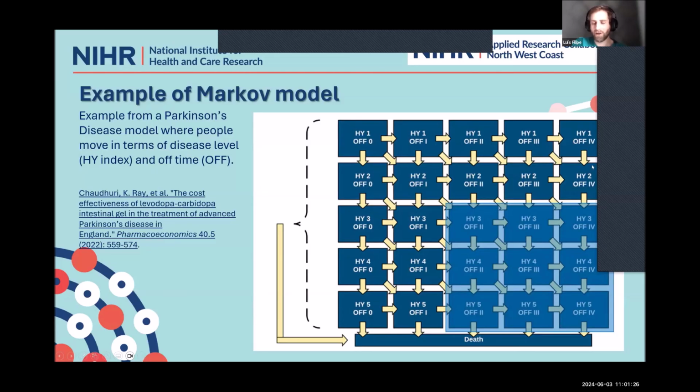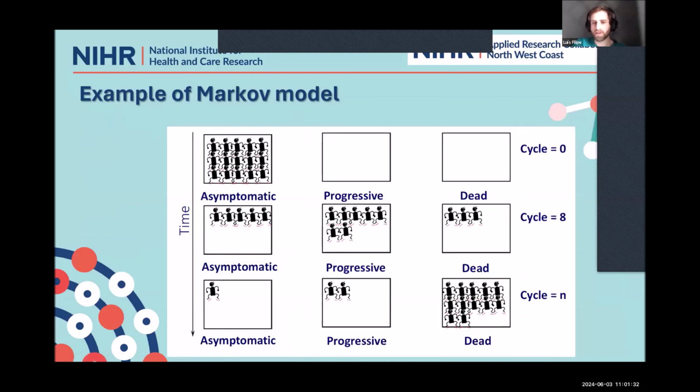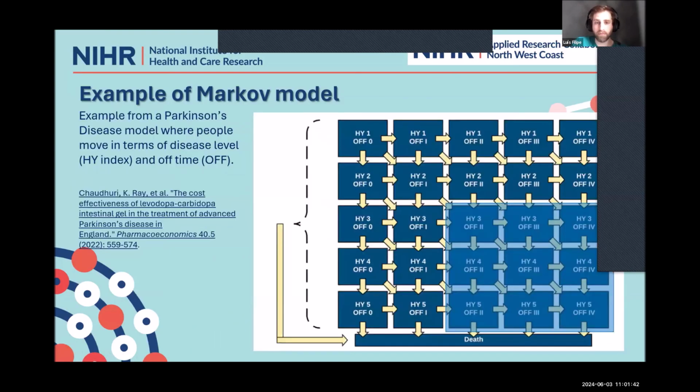And you can see how complicated this can get. But this is the idea, is that people, like in this figure, they transition between states, and you can compute for each state, for each year, how many people are in each state and how much you gain in terms of benefits, which can be, for instance, the amount of life years gained.